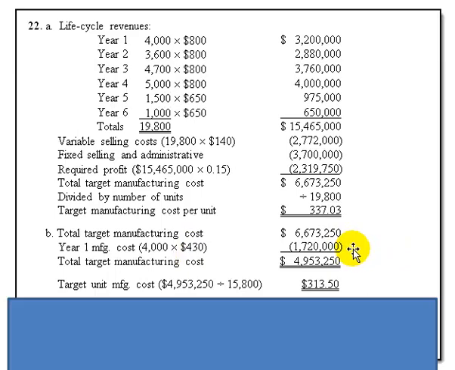What that leaves us is a target manufacturing cost remaining for the other years of $4,953,500 divided by the number of units left, which would be the 19,800 less the 4,000. That gives us 15,800. And what we see is if the first year target cost was $430, the rest of the years it has to average $313.50.